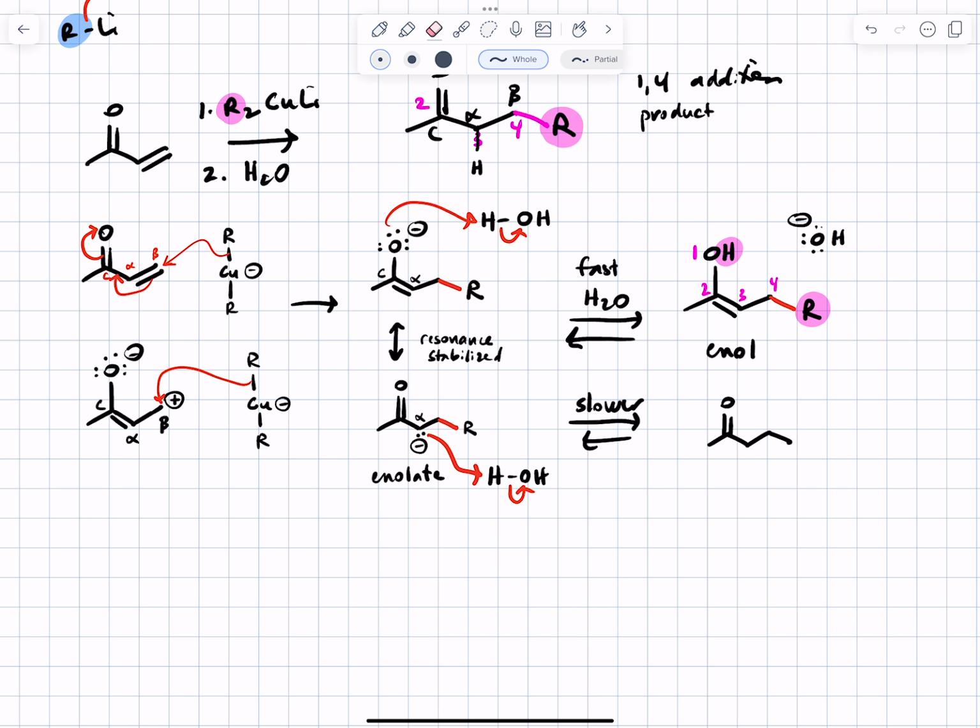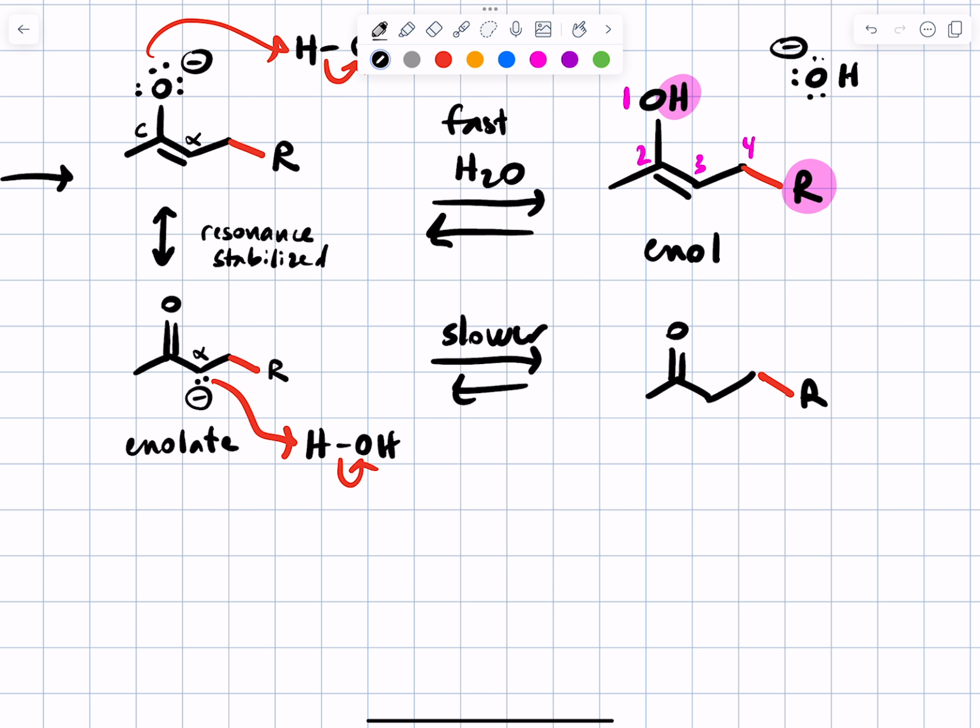So I'll draw that product for you here. Let's see, eraser. Here's the new bond with the cuprate. I don't know why I've continued to draw it red, but let's just be consistent. And then here's the hydrogen on now the alpha carbon.